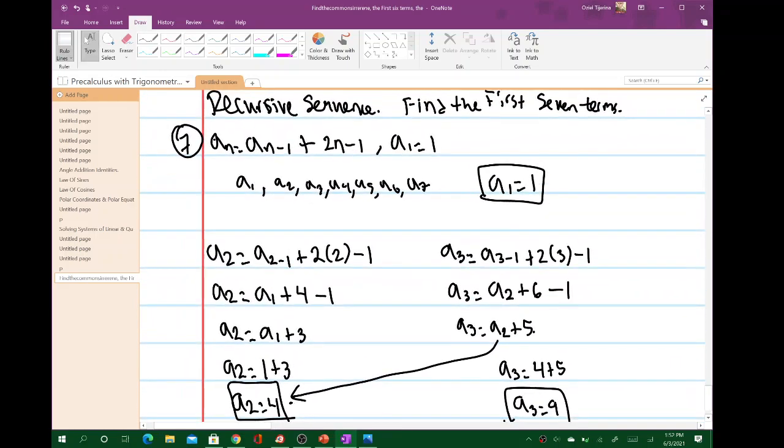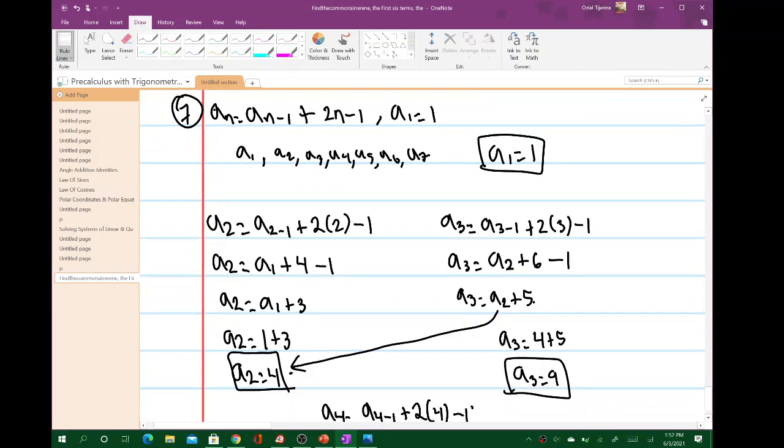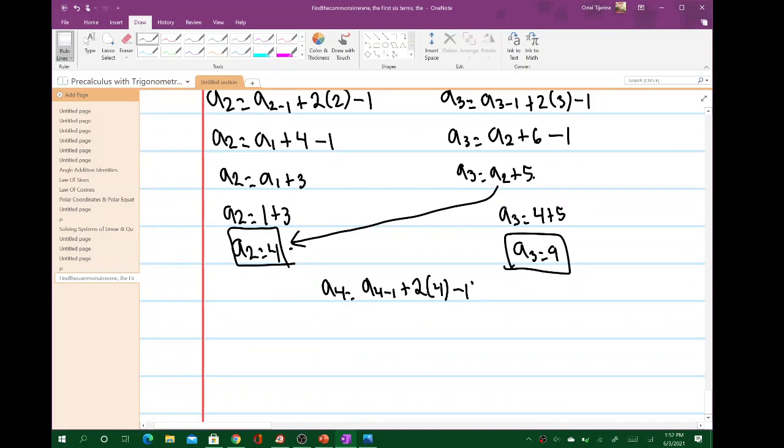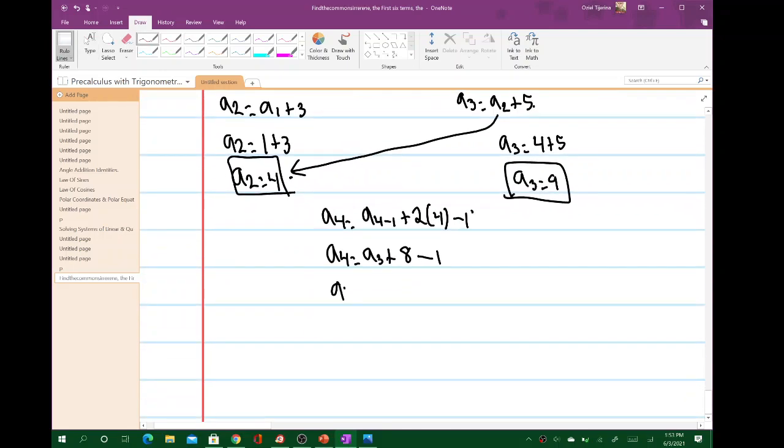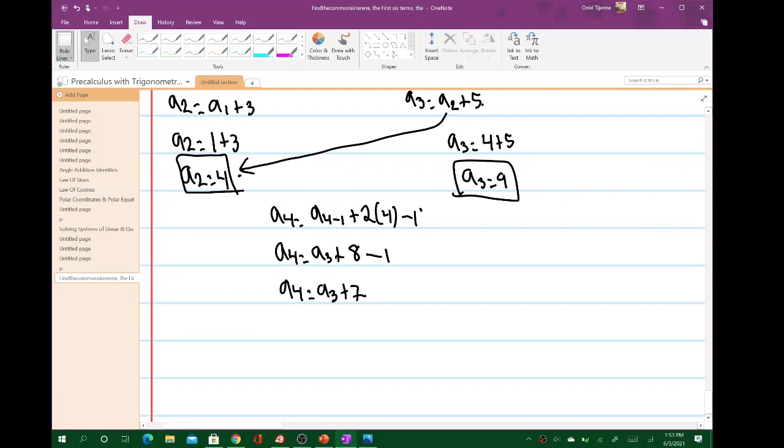So if you want to copy this formula down, or if you want to write it down, this is the formula, right? So we have a sub 4 equals a sub 3 plus, and then 2 times 4 is 8, and then minus 1. So we have a sub 4 equals a sub 3 plus 7. And we know that a sub 3 is 9. So you have a sub 4 equals 9 plus 7. So a sub 4 equals 16, okay?